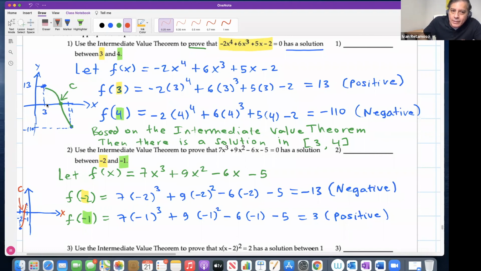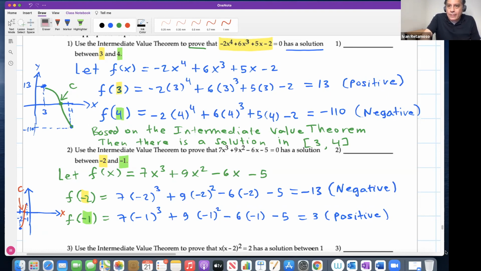They may not cross. They may, but they may not. There is no guarantee. Or if you get negative and negative, then your answer should be no, there is no guarantee that there's going to be a solution. You follow, guys? Only when there is a change of signs can you apply the intermediate value theorem. Otherwise, you have to reserve your judgment. You say, no, nothing to say.